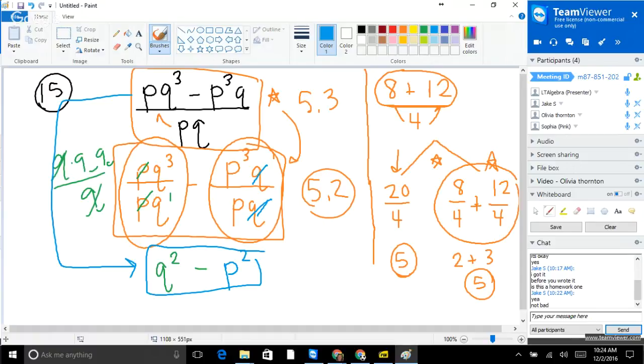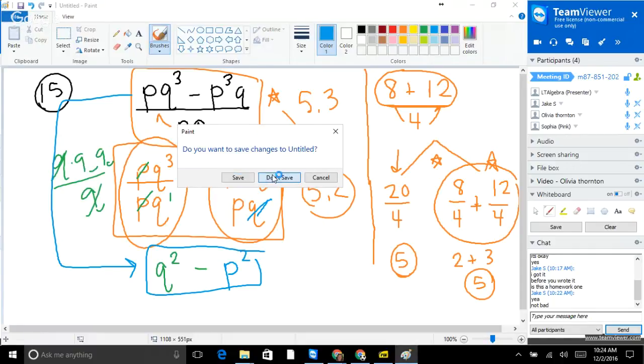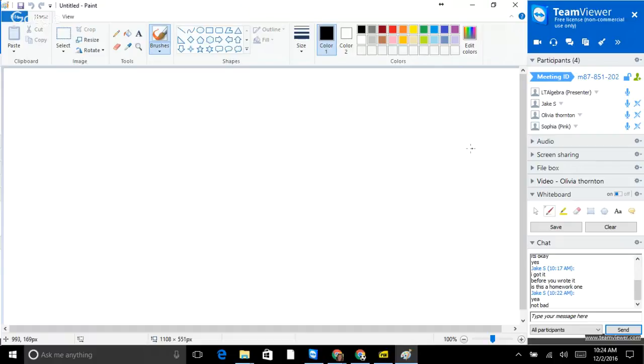Let's do number 11. And you guys try it too. All right, so I'm going to start writing it down. You guys try number 11, see if you come up with the same thing. Because this one looks crazy, right? And this is on page 196.